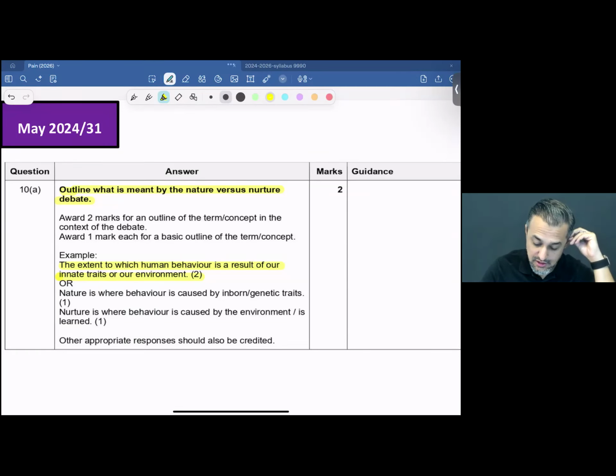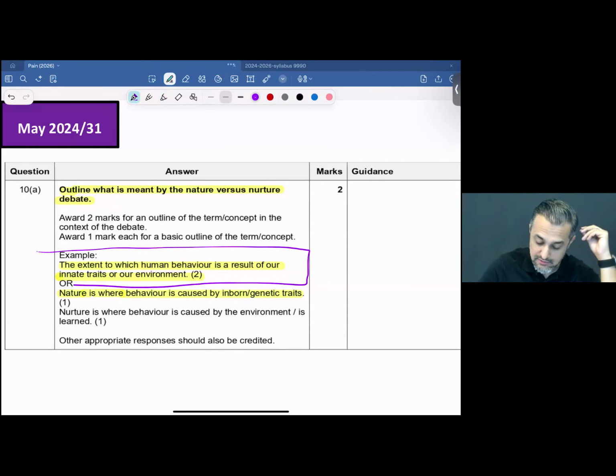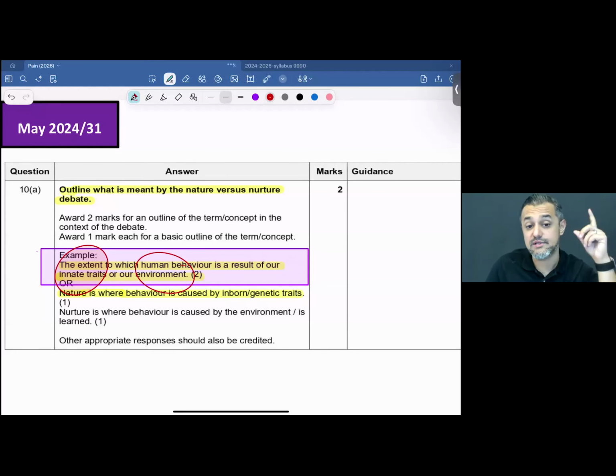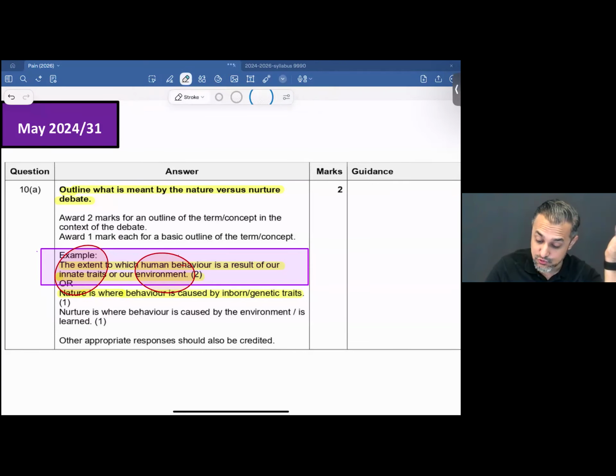Nature is where behavior is caused by inborn or genetic traits. Over here, you have to write about both the nature and the nurture side to score 2 marks. Here you've written about innate traits and also about the environment, then only you'd be entitled to those two marks.